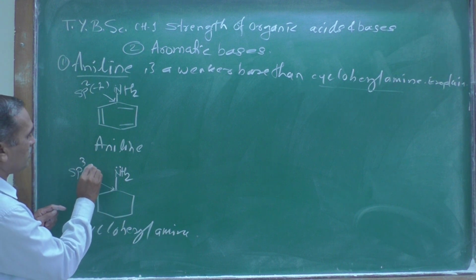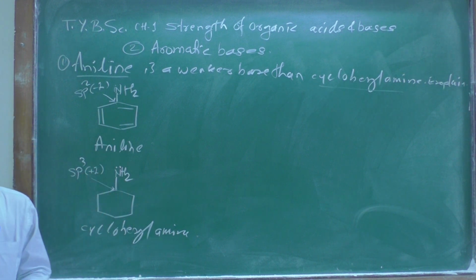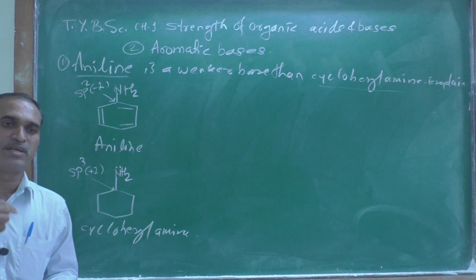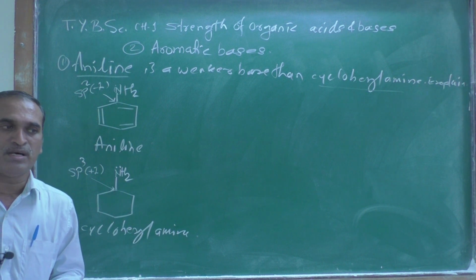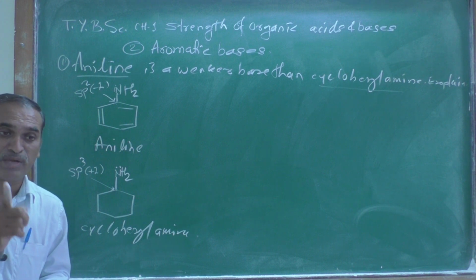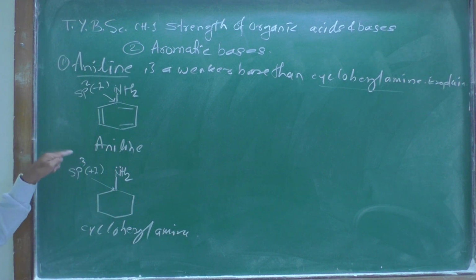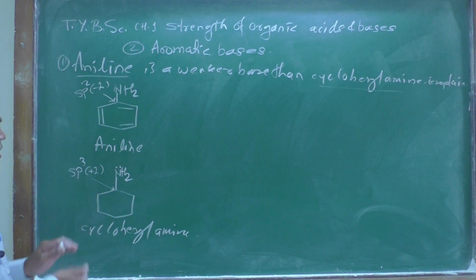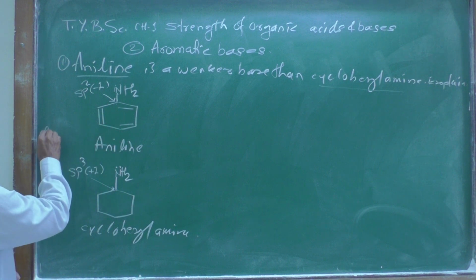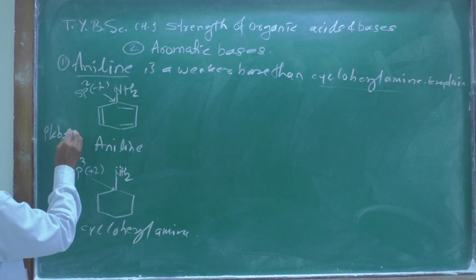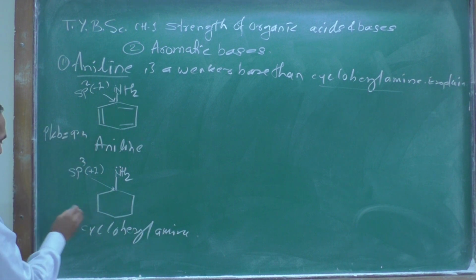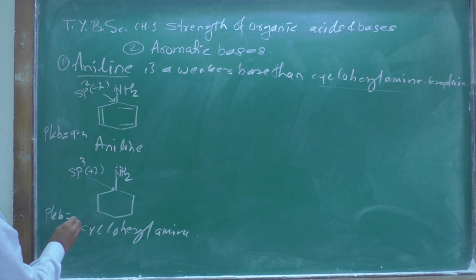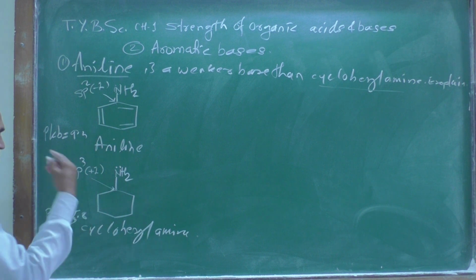It shows a plus I inductive effect, and in general we know that plus I inductive effect increases the basicity, whereas minus I inductive effect decreases the basicity. If you see the pKb value, this aniline has, I think, a pKb value of 9.4 something, and this has a pKb value of maybe 5.8 something, roughly you remember.